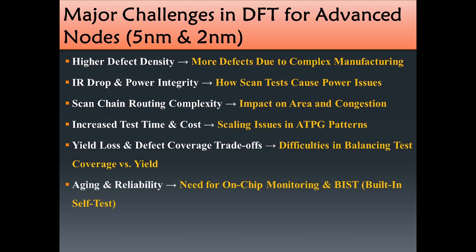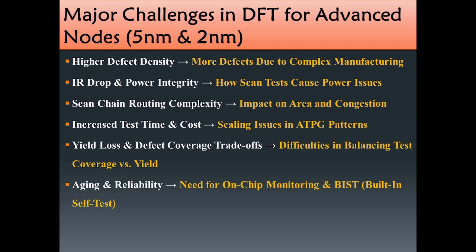Smaller feature sizes and new materials introduce new types of defects which are much harder to detect and diagnose. So DFT must evolve to address these new defect mechanisms and require more sophisticated test patterns in order to detect the cases and fault models.